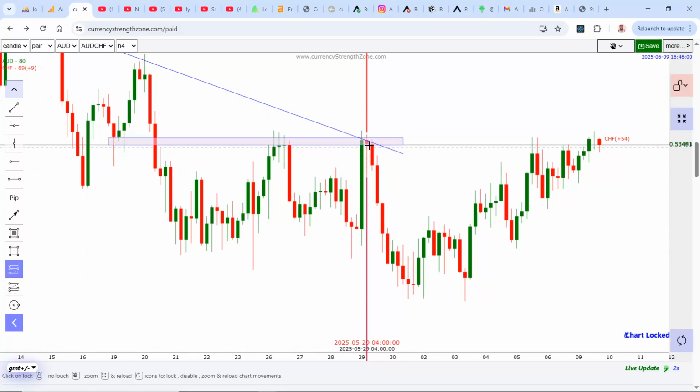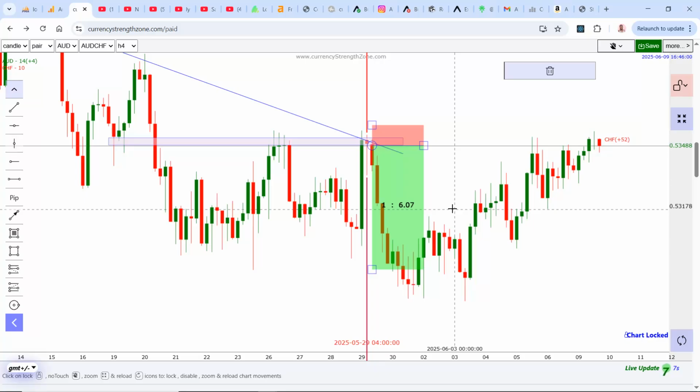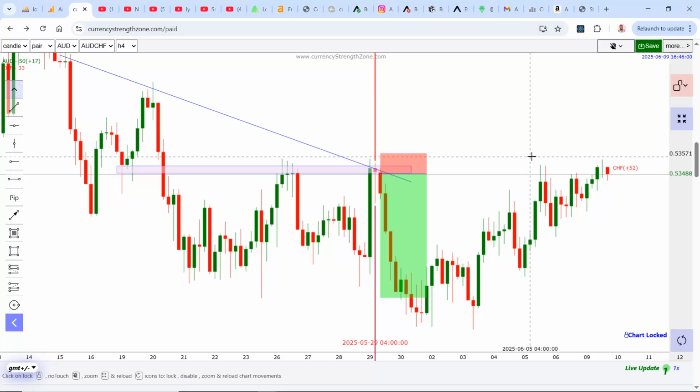You wait for the candle to close, place the stop on the top, and we target the lows, making a 1:6 ratio. So that's it.